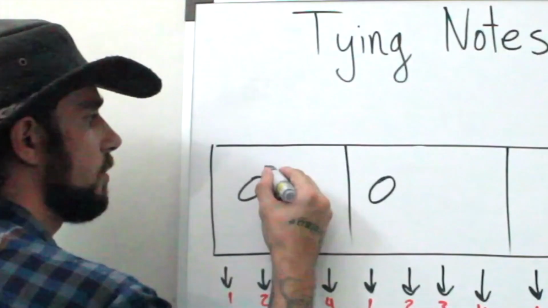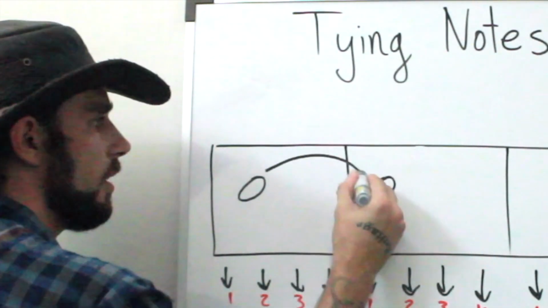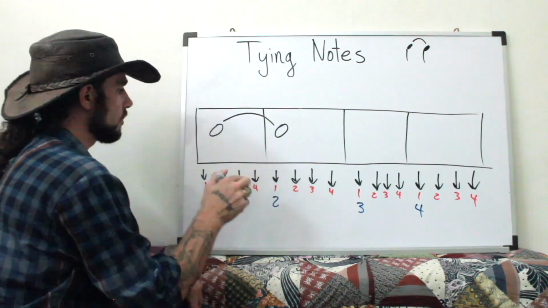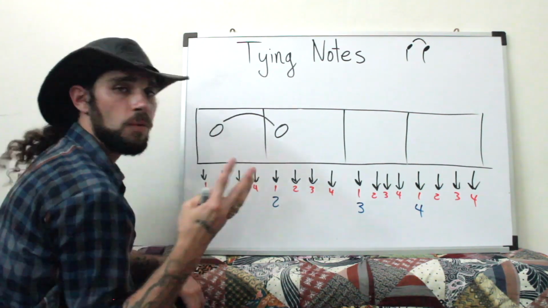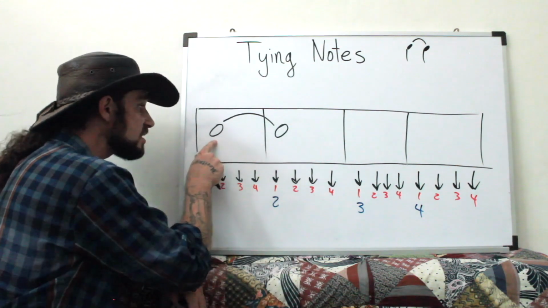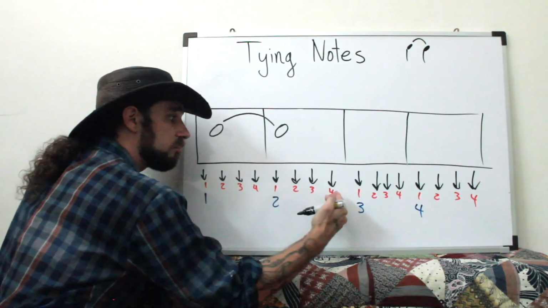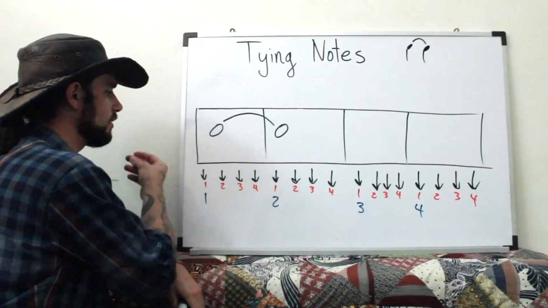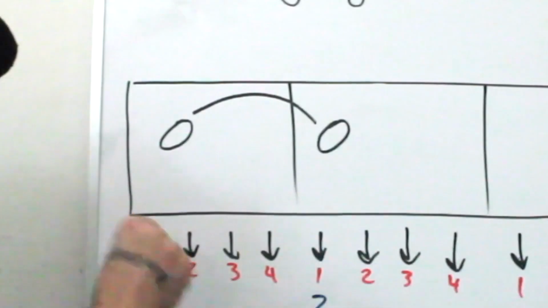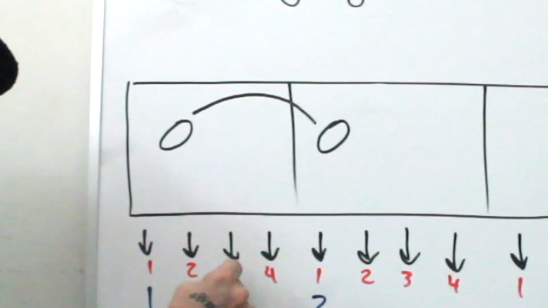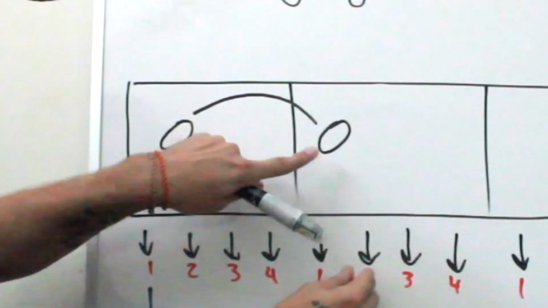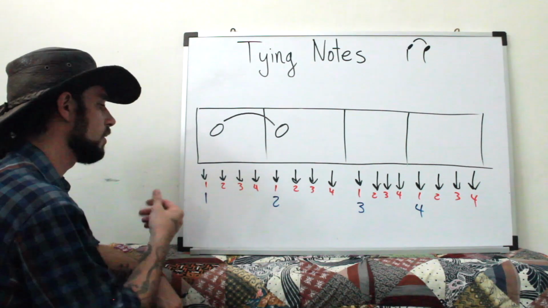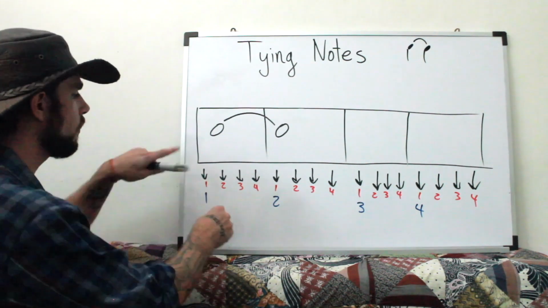Then we can simply take this line, and now this is going to tie these guys together. So this isn't just worth 4 beats anymore. Now this technically becomes 8 beats because of the help from this guy here. So 1, 2, 3, 4. One more time. 1, 2, 3, 4.